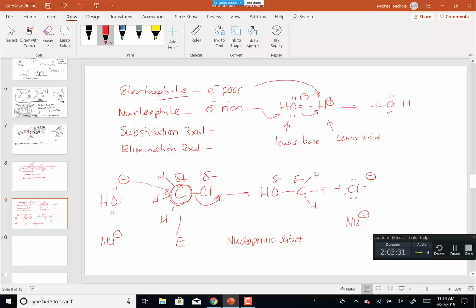But the point here is that we're going to use nucleophiles and electrophiles to describe a substitution reaction where I'm substituting one nucleophile for another. That's going to be called an SN reaction, substitution nucleophilic.